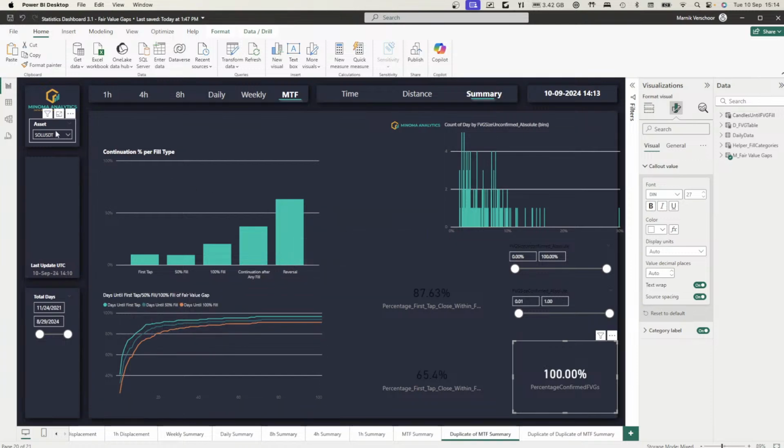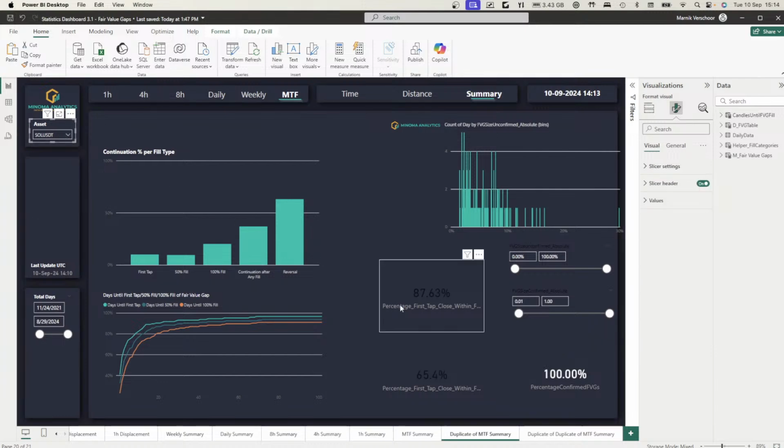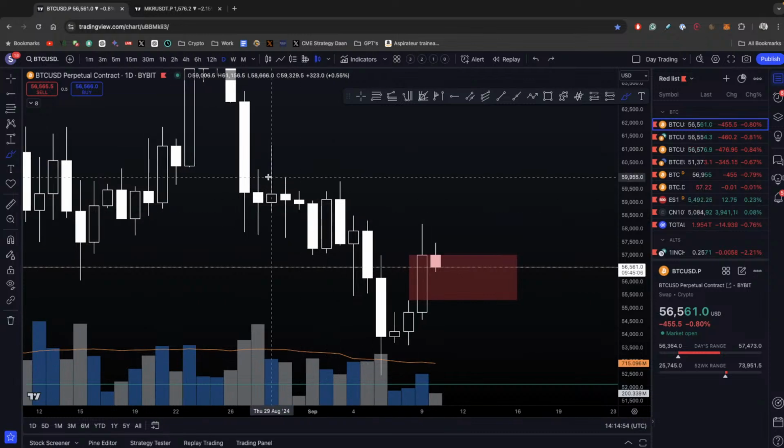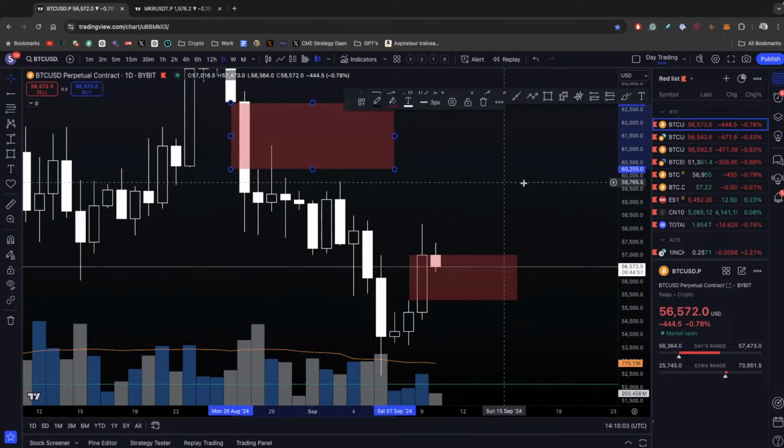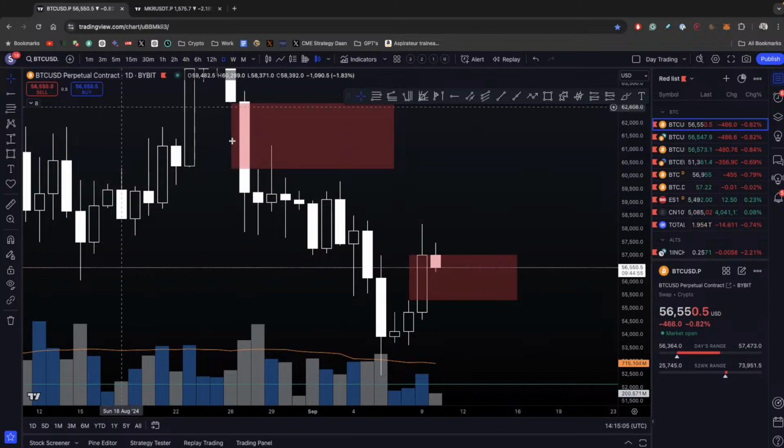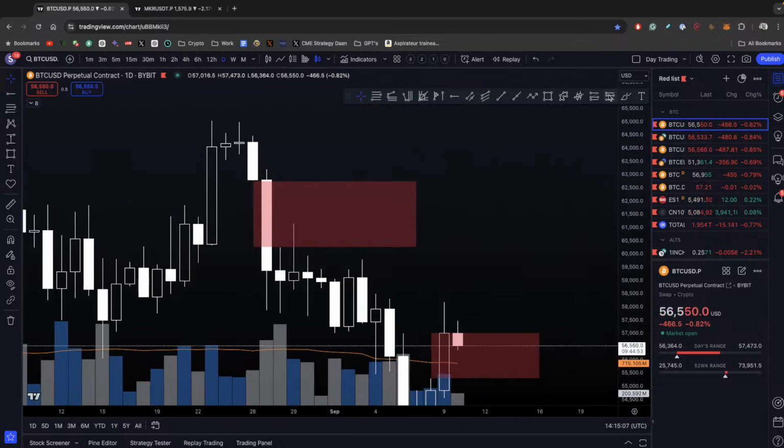Another very interesting statistic I found is that 87% of, so say you have a fair value gap and you have this first tap right here, because you have the confirmed fair value gap right there. There are also occasions where you just shoot through within the same candle.